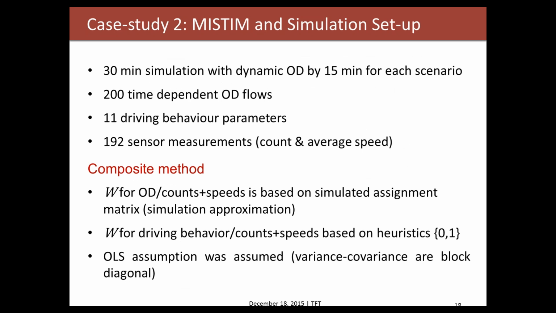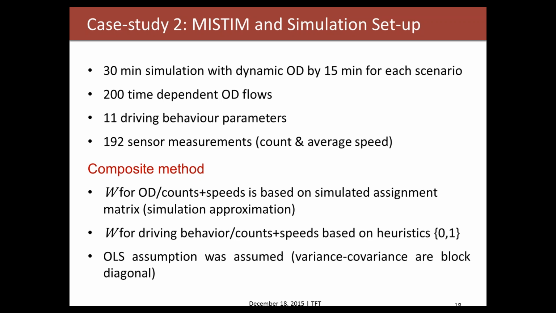We've selected from previous sensitivity analysis 11 driving behavior parameters that are related to acceleration, lane change, and reaction time. And we had data for 192 sensor measurements on the network. So again, we used a composite method.